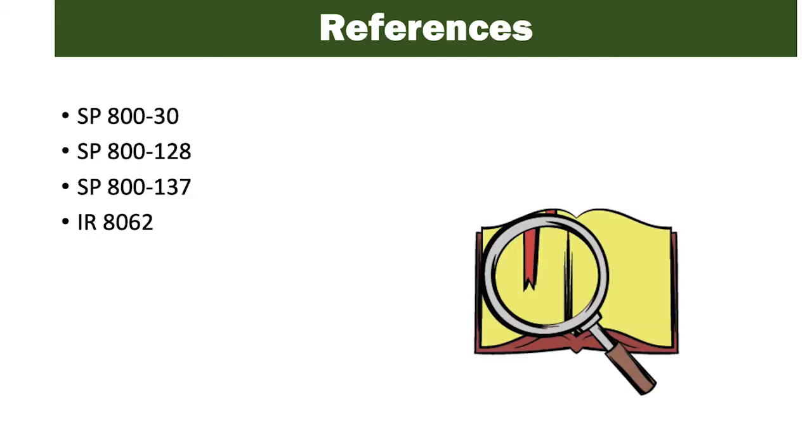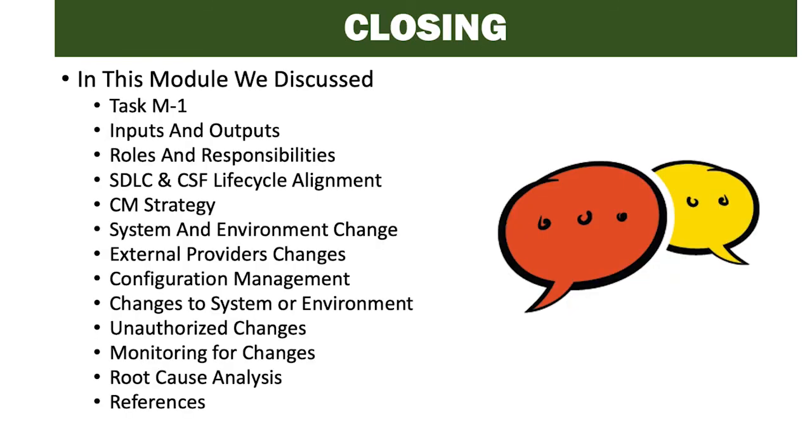References for this task include Special Publication 800-30, Special Publication 800-128, Special Publication 800-137, and IR 8062. In this module, we discussed task M1, its inputs and outputs, roles and responsibilities, SDLC and CSF lifecycle alignment, the CM strategy, system and environmental changes, external provider changes, configuration management, changes to system or environment, unauthorized changes, monitoring for changes, root cause analysis, and finally references.